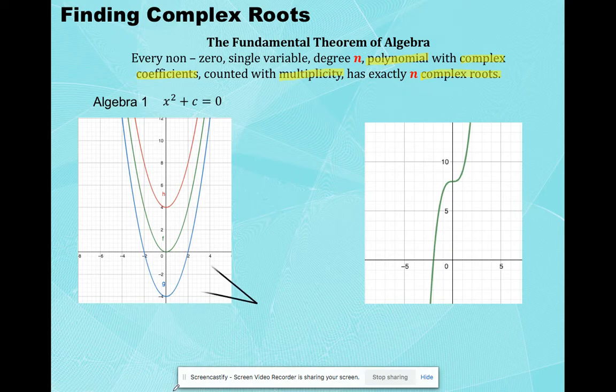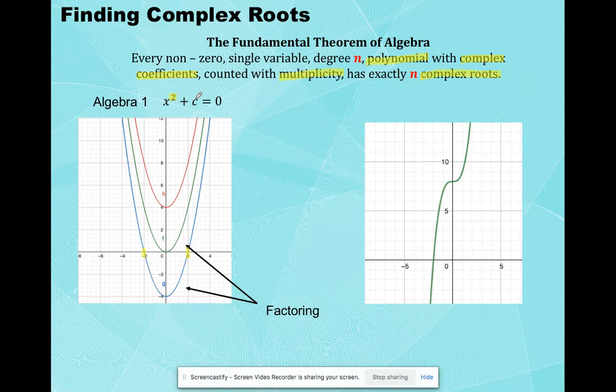So you used factoring in Algebra 1 and inspection to find the two real numbers, -2 and 2, that you can plug into x squared minus 4 and you get 0. And because x is squared, there are only 2 zeros. And those zeros happen to be real.